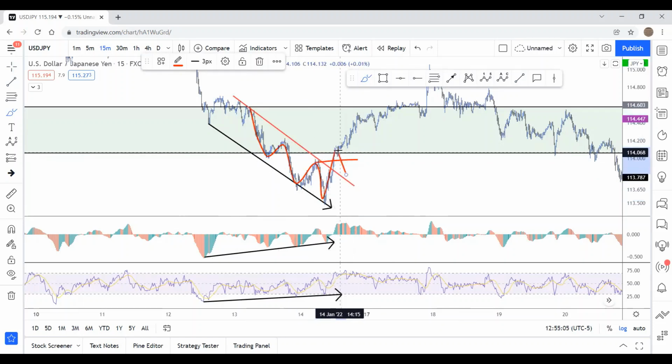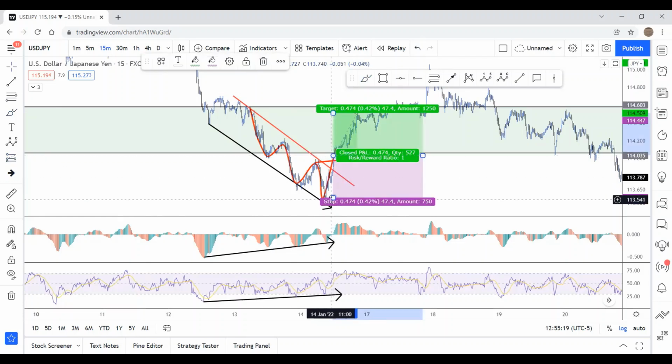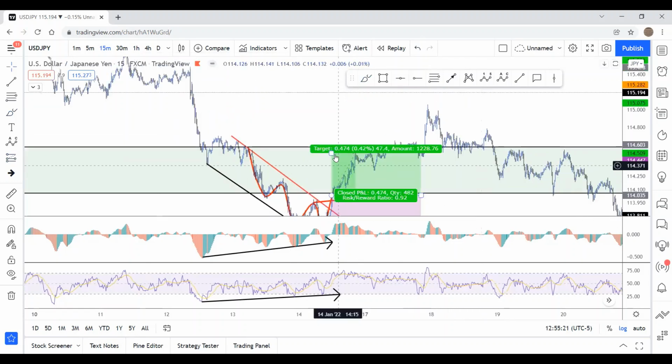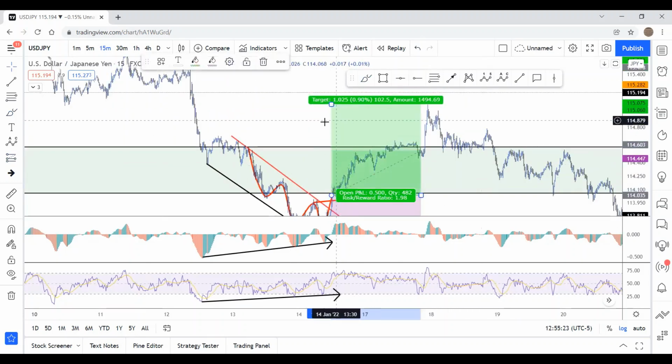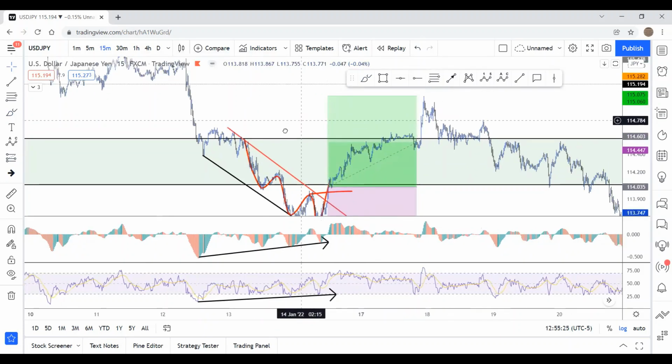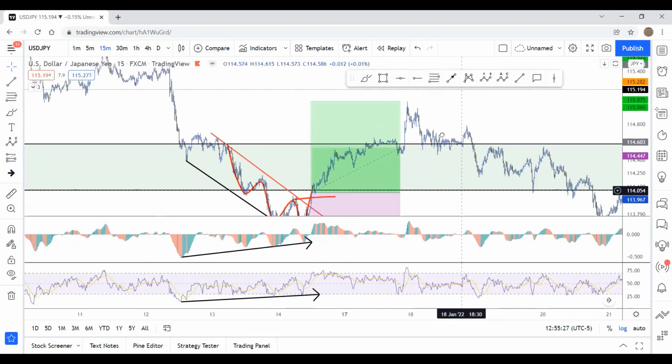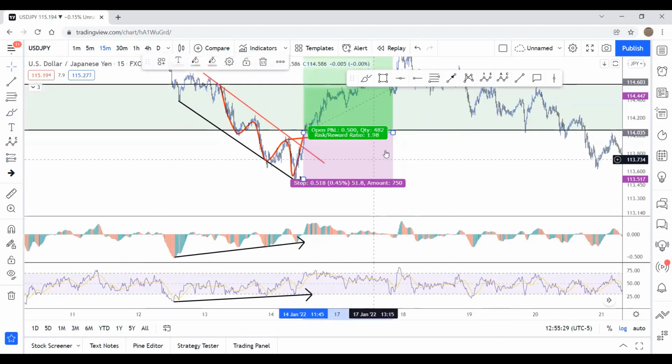We didn't get a retest, but we could look to take that setup, continue going up. So that is how you'd combine divergence with trend lines and structure. If you did take that setup, the price did go up, and that gave you a nice 100 pips trade, 1 to 2, basically.